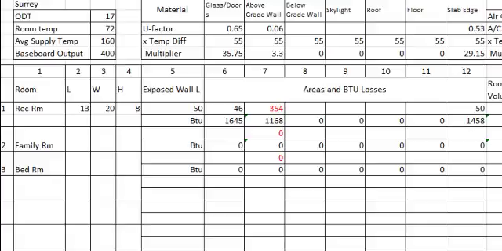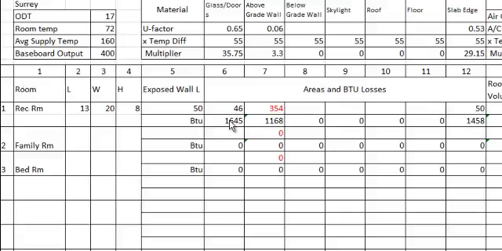Per linear foot of R12 would be 0.53 as a heat transfer factor, or U factor, so we put that there. Then we have our difference in temperature once again, and we multiply the two and come up with this multiplier of 29.15. Okay, so we'll be using that down below here.